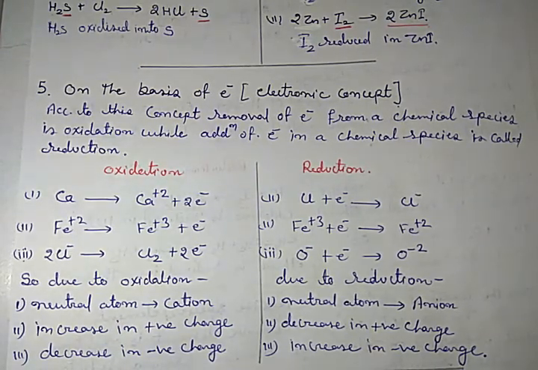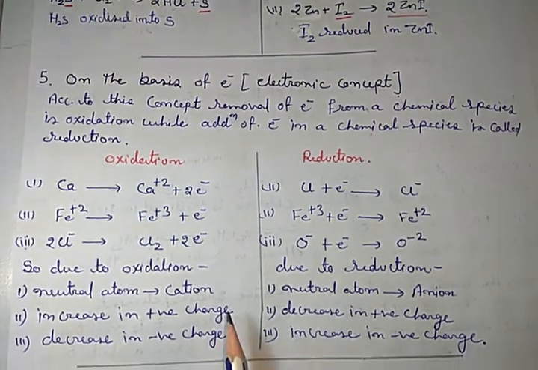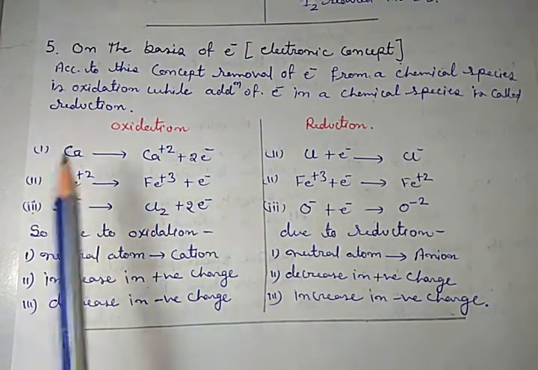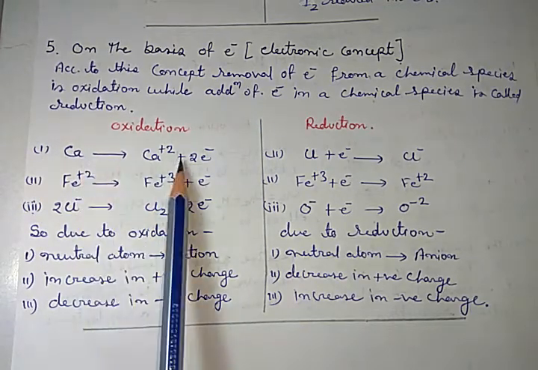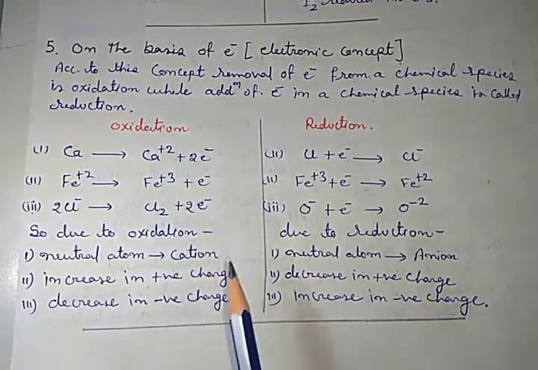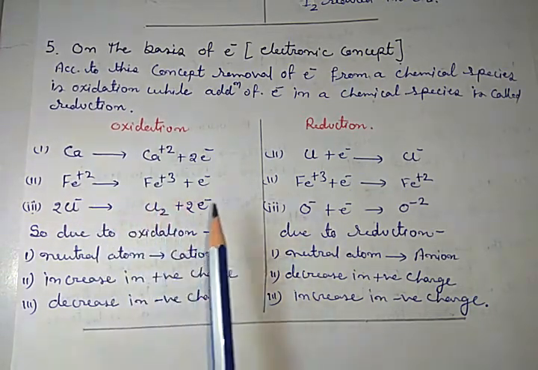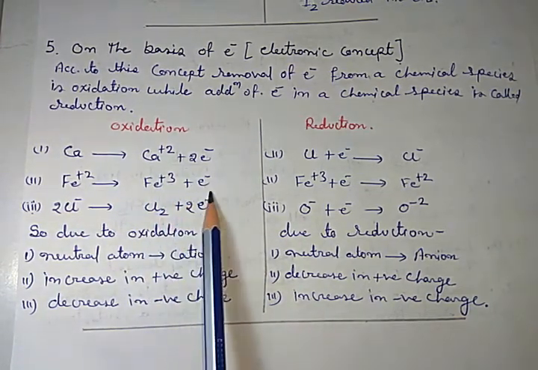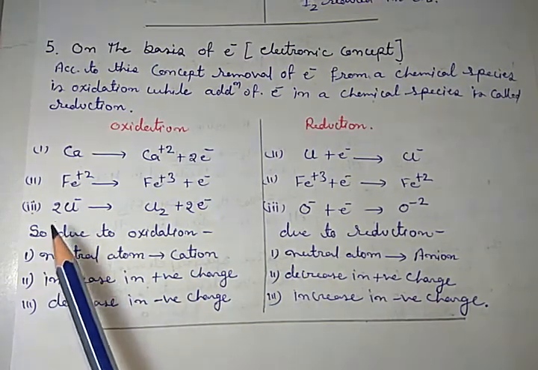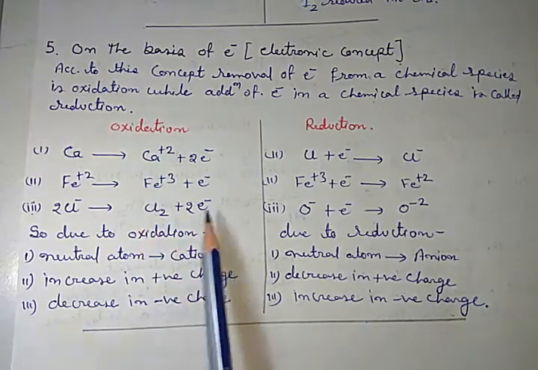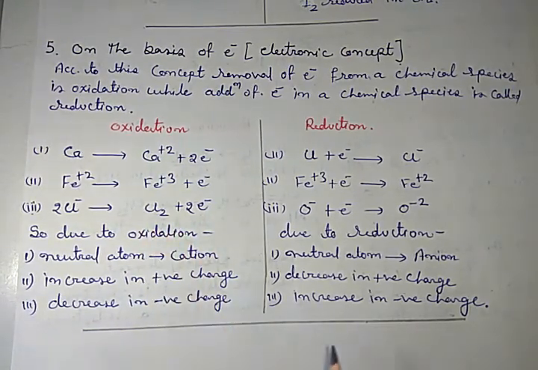Okay, now let me discuss some examples and try to elaborate on some points. First one, calcium removes two electrons and makes a cation. Second one, Fe2+, when it removes an electron, converts into Fe3+. Third, chloride ion Cl-, removes the electron and converts into a neutral atom.